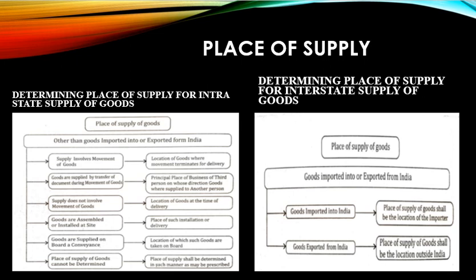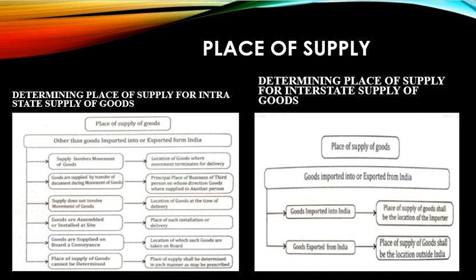When the place of supply of goods cannot be determined, it shall be determined in such manner as may be prescribed, taking into consideration either the supplier's place or the recipient's place.